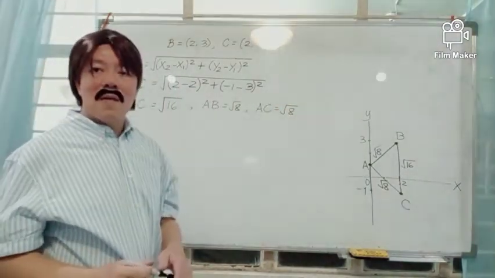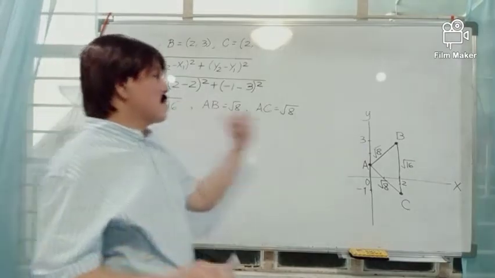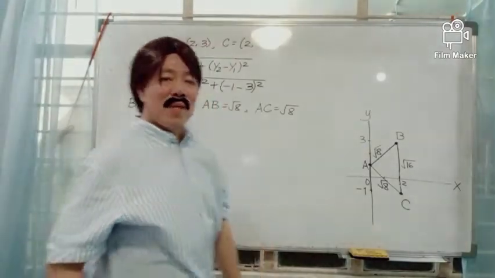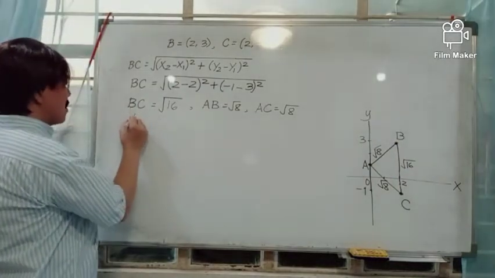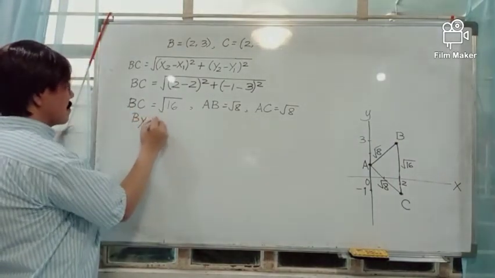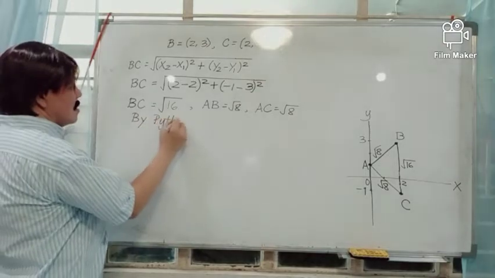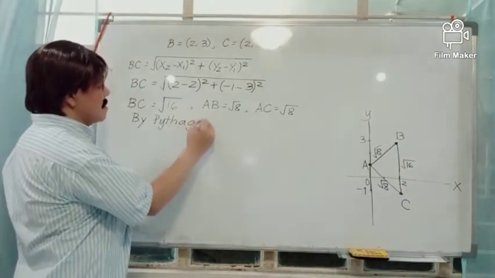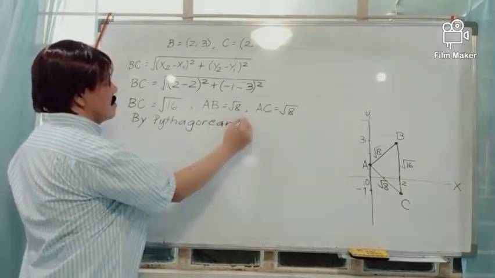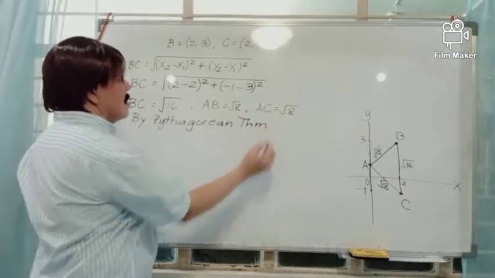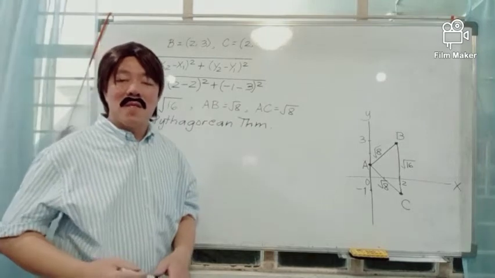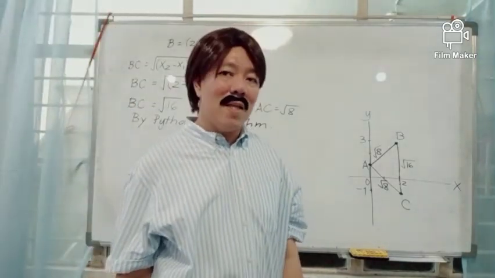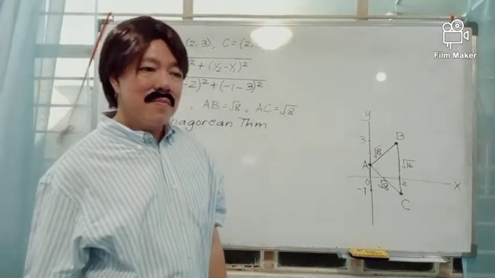Now we check if the sides of this triangle satisfy the Pythagorean theorem. The Pythagorean theorem says that the square of the hypotenuse is equal to the sum of the squares of the two other sides, or the legs, of a right triangle.